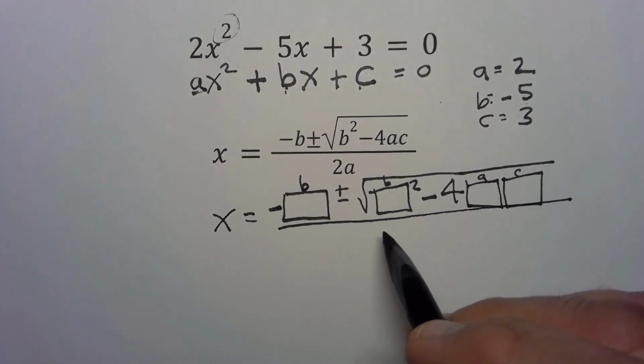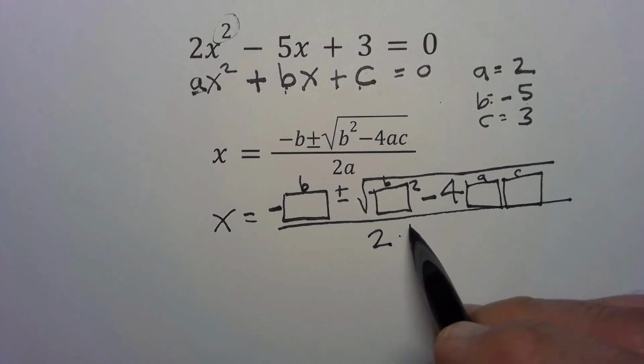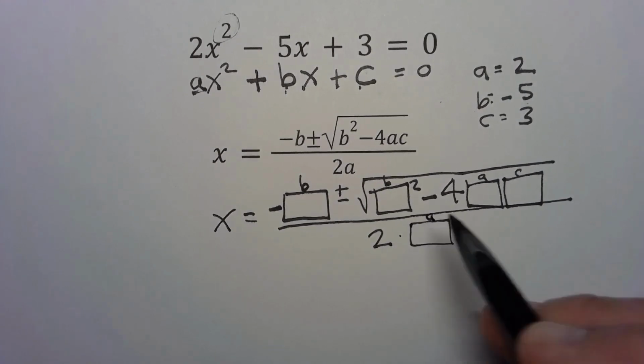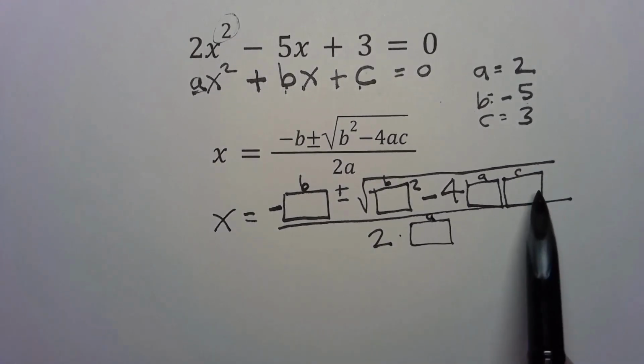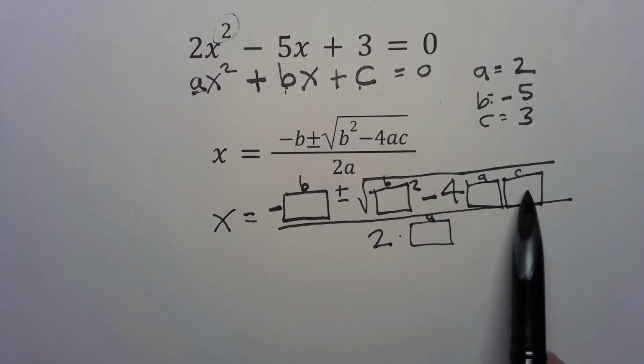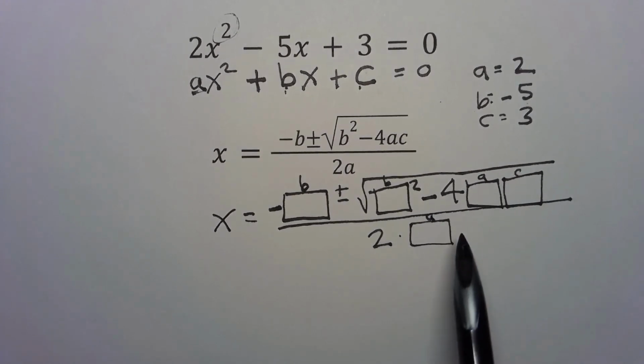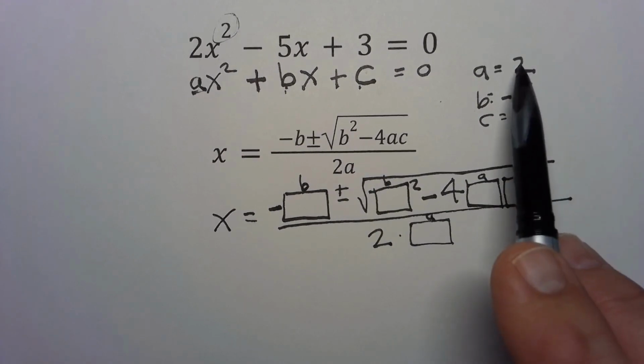Draw my line, and I've got 2 times a box that's labeled a. So I've pulled out those a, b's, and c's, and I just left empty boxes that are labeled. Now I can fill it in with the information we've got here.